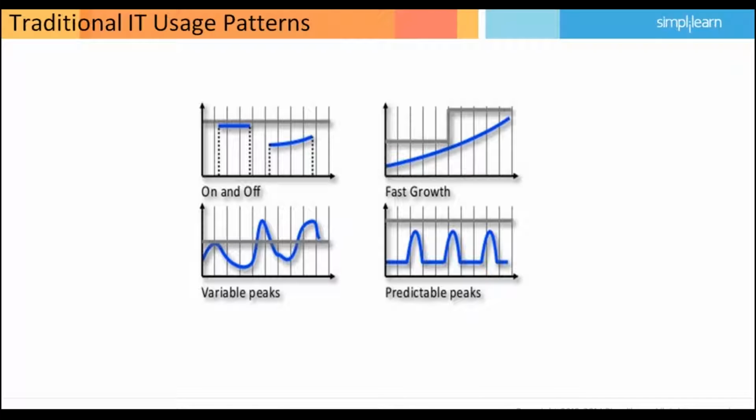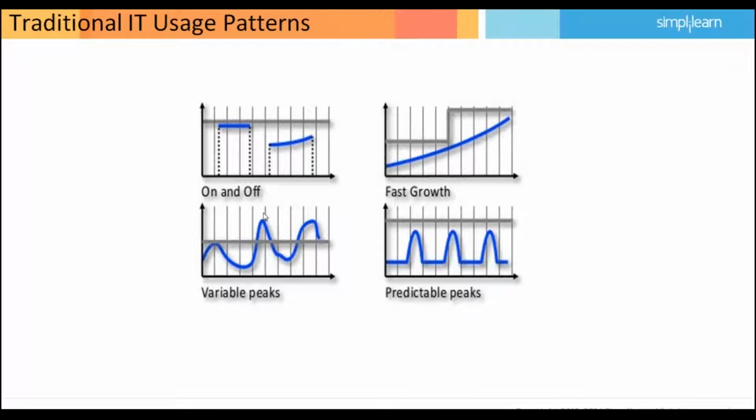This is where you have no idea what's going on, and even if you have an idea that, okay, I have a lot of business coming in, these are the applications, this department needs capacity, and you're trying to plan it, sometimes you don't plan it well, and there's a lot of underutilized hardware, and then at some point you're unable to meet the demand itself. So that's a variable peak.